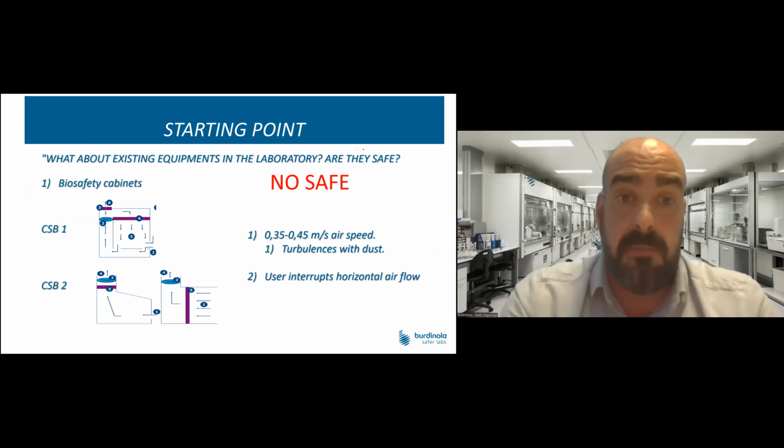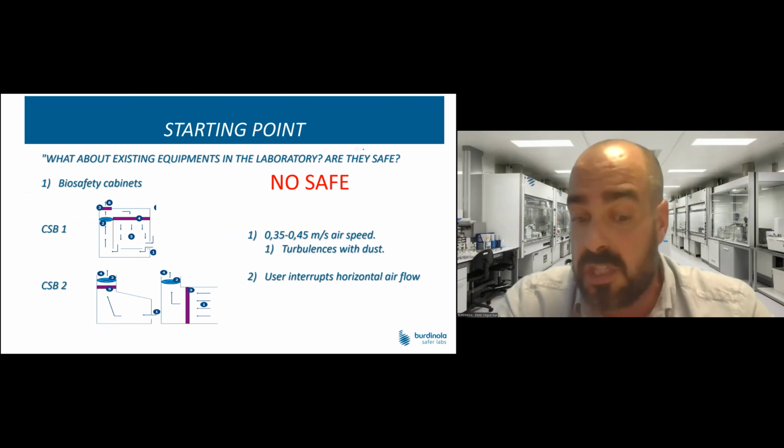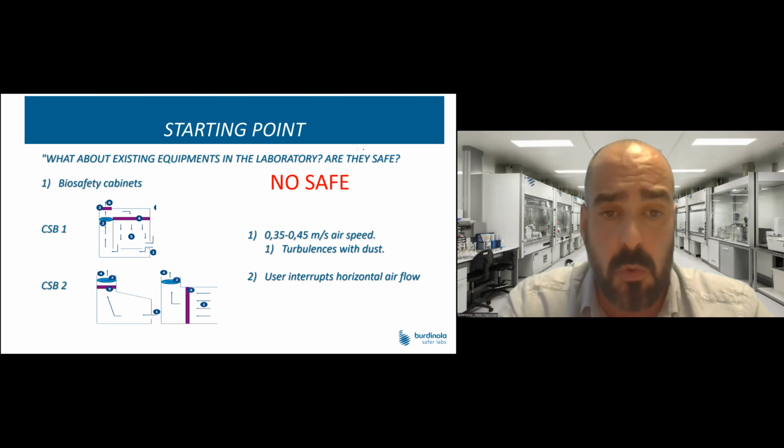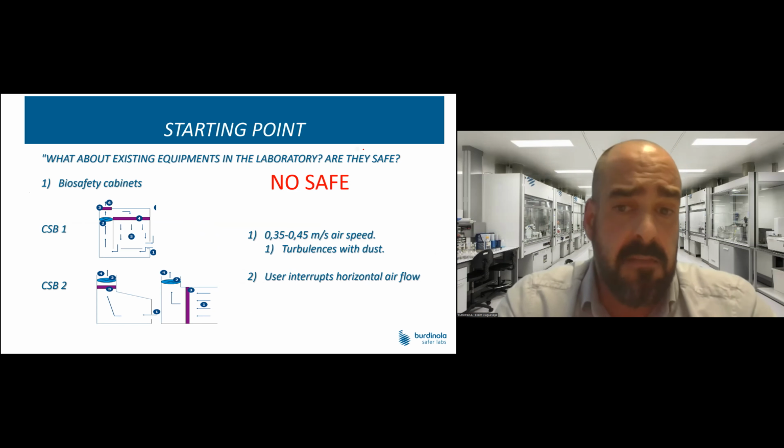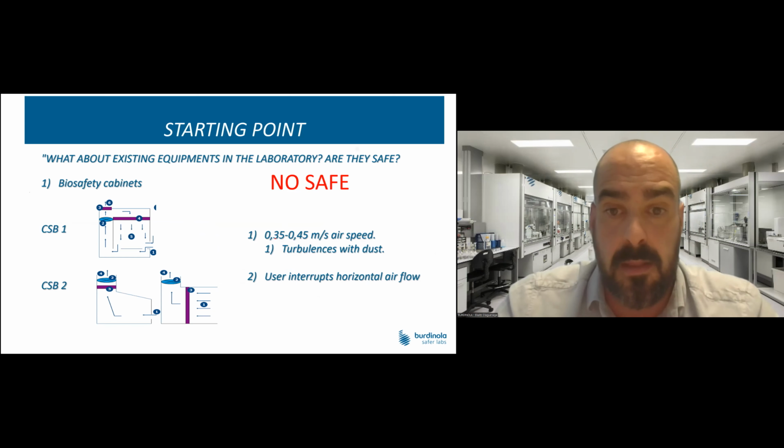Regarding biosafety cabinets, which are quite used in this field, they are not safe at all with nanomaterials, mainly for two reasons. The air speed is quite high, between 0.35 and 0.45, and it generates turbulences.